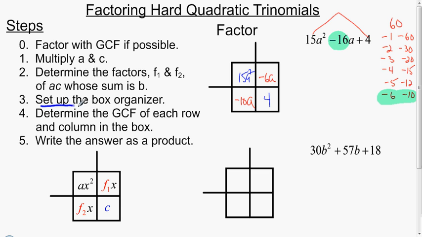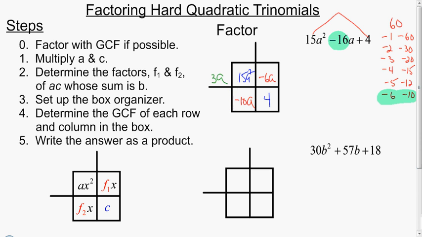Okay, now that I've set up the box organizer, I'm going to determine the GCF of each row and column in the box. Okay, so the GCF of 15a squared and negative 6a is 3a. The GCF of negative 10a and 4 is going to be a negative because the wall of the box where I'm writing is negative, so I need a negative GCF.